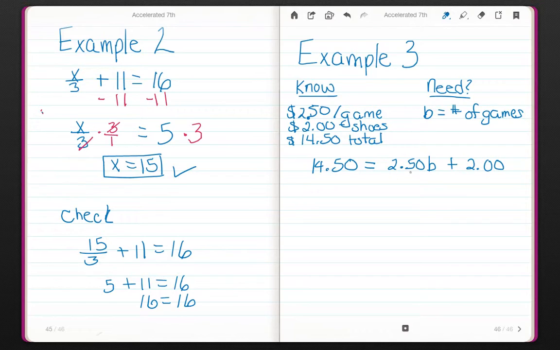My total equals the price of one game, $2.50, times however many games I bowled, plus my shoe rental. So to figure out how many games I play, I'm going to start by subtracting $2 from both sides. Whoa, color change. Subtract $2 from both sides.